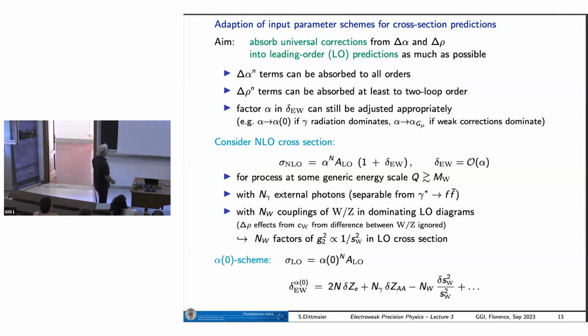The difference between neutral current and charged current couplings I will ignore in the following. For the leading effects, the Z acts almost like a W boson as far as the universal corrections are concerned. So I have N W factors of the gauge coupling g2 in the leading order amplitude and g2 squared in the leading order cross section.